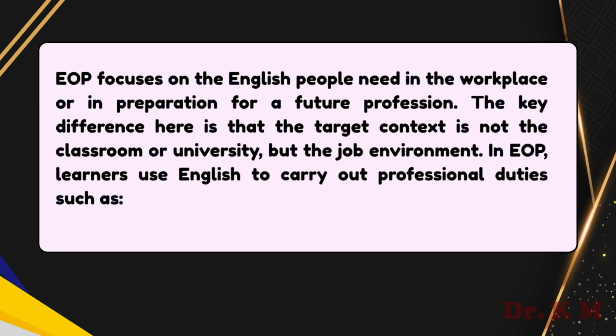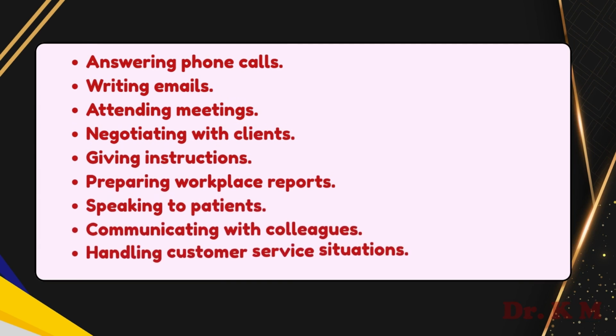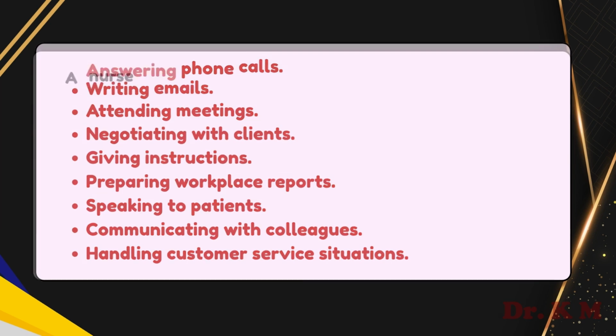In EOP, learners use English to carry out professional duties such as answering phone calls, writing emails, attending meetings, negotiating with clients, giving instructions, preparing workplace reports, speaking to patients, communicating with colleagues, or handling customer service situations.